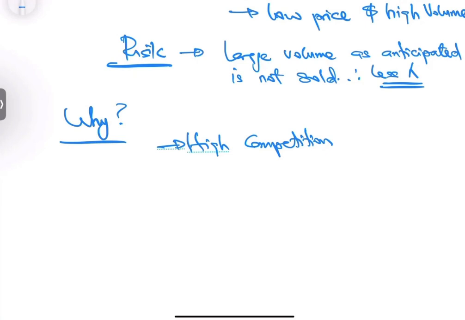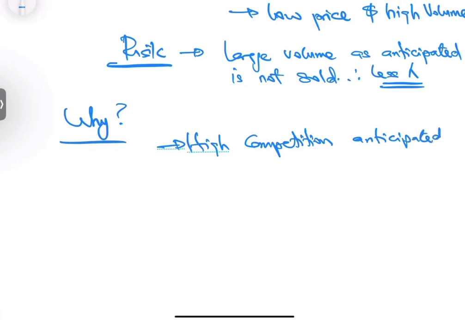Remember, you're coming in and you want to enter the market, and you discover that if you go into this market, there will be competition. So you anticipate high competition.